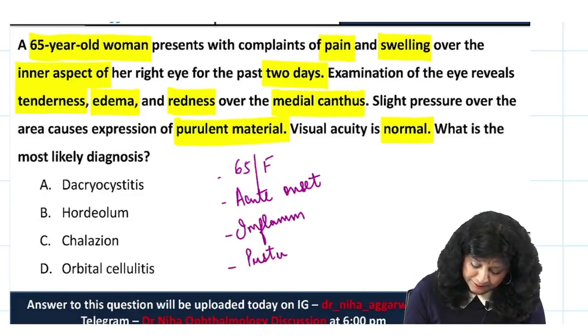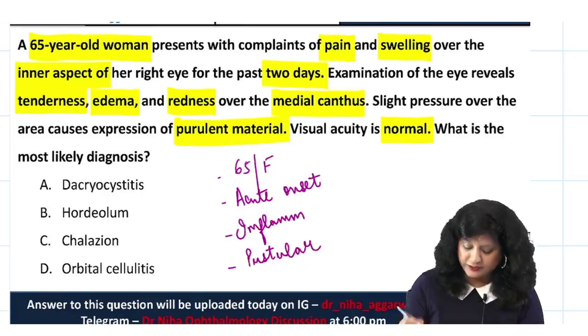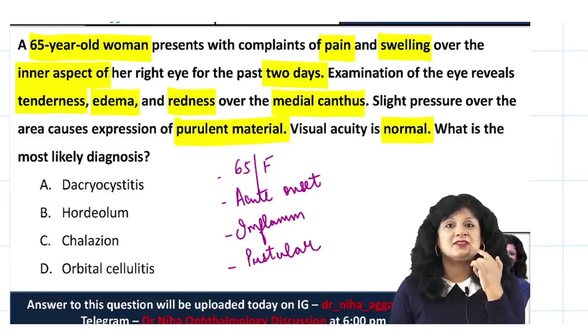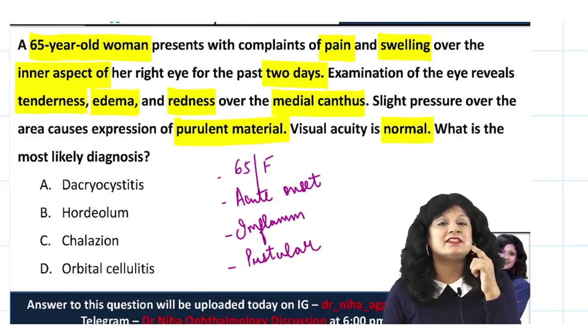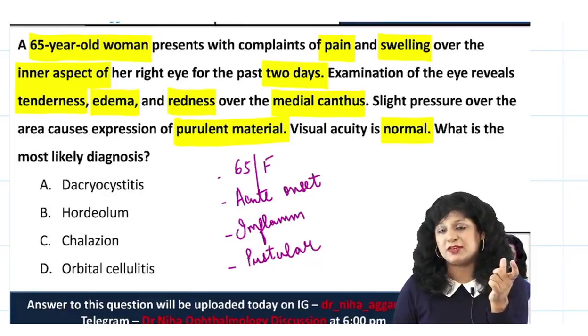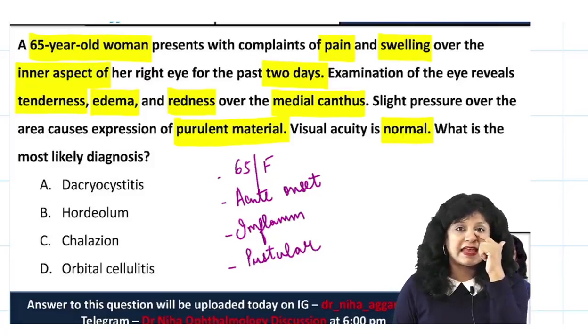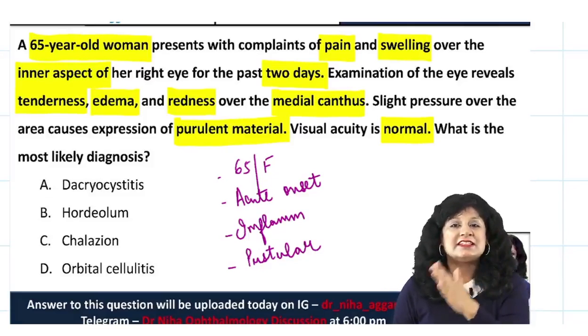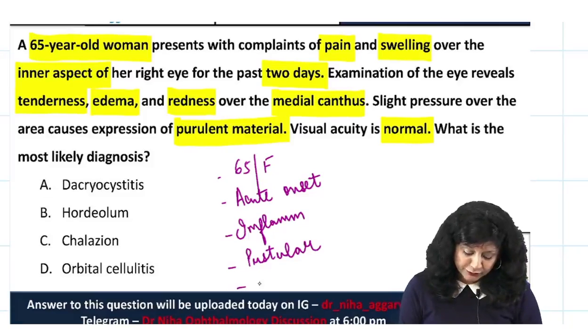It should be some infection which is characterized by inflammation as well as the pustular inflammation. It's a purulent inflammation over the middle canthus of a right eye, which is not affecting the visual acuity.